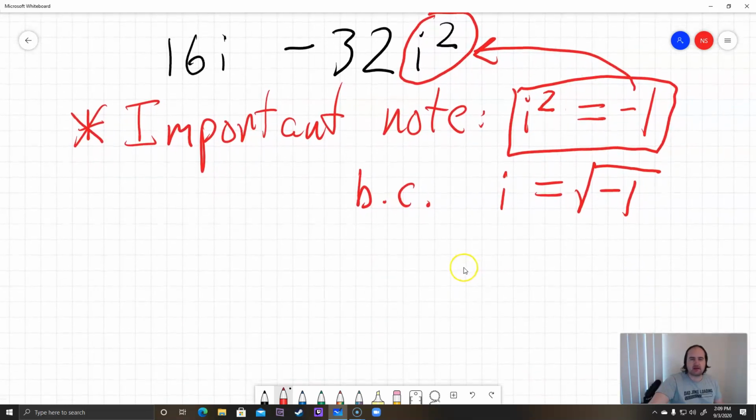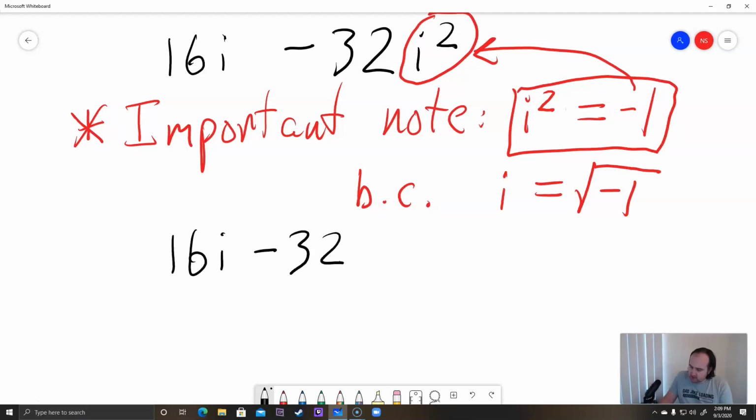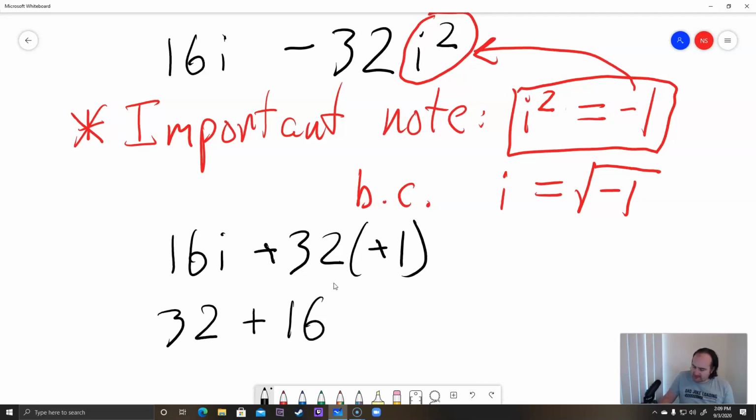Okay, so instead of writing 16i minus 32i squared, we're going to write 16i minus 32 times negative 1. Okay? And because negative 1 times negative 32 is actually positive 32, our answer, if we write it in standard form, is going to be 32 plus 16i.